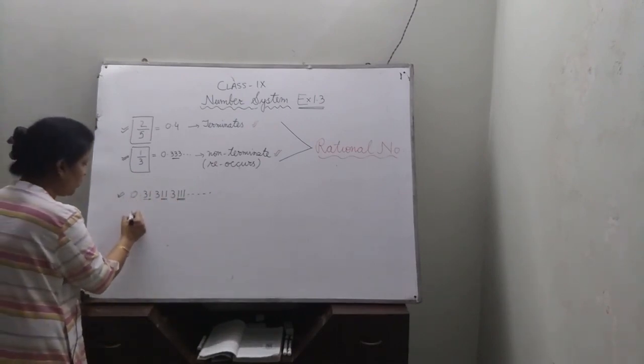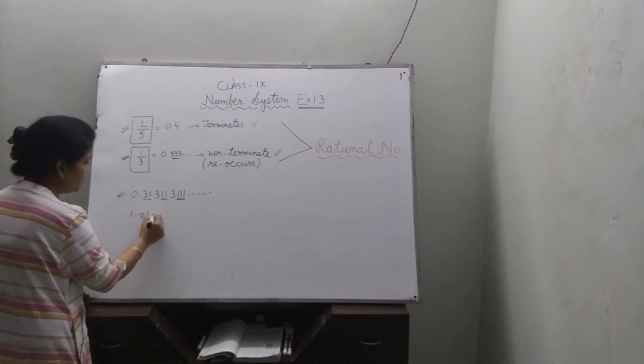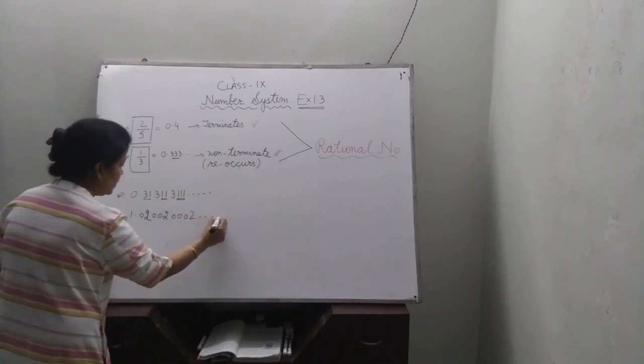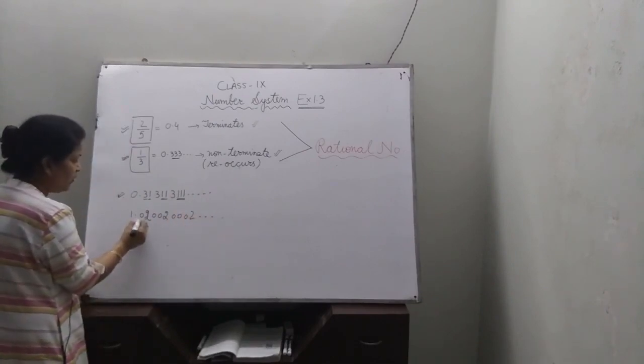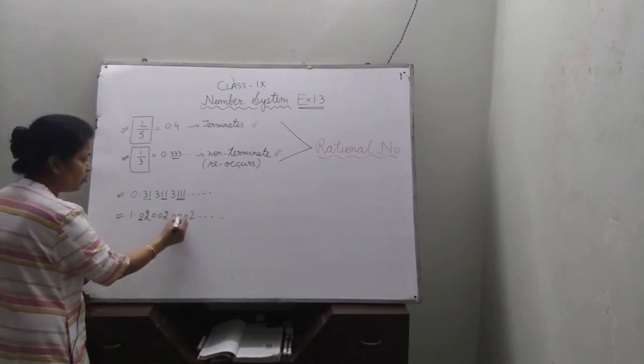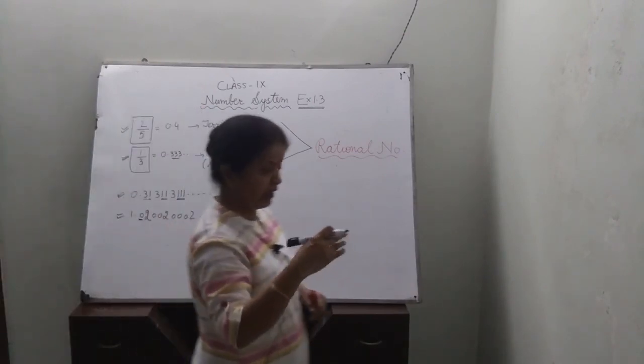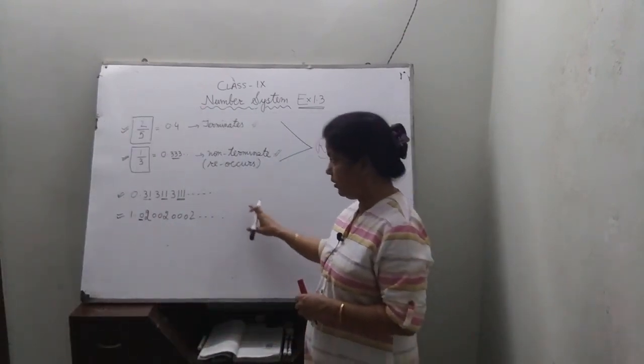Let's take one more example. Again, if you observe in this example, 1 time 0, 2 times 0, 3 times 0, and these zeros go on increasing further and further.